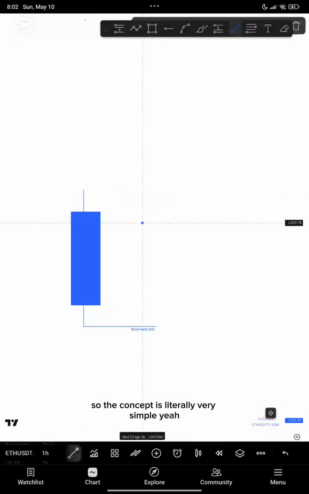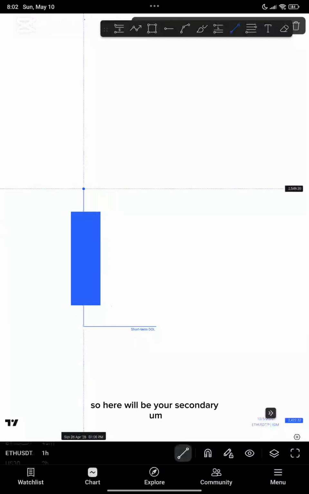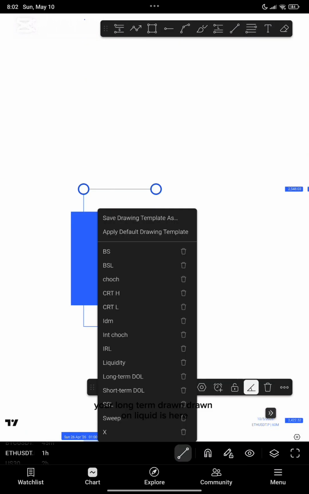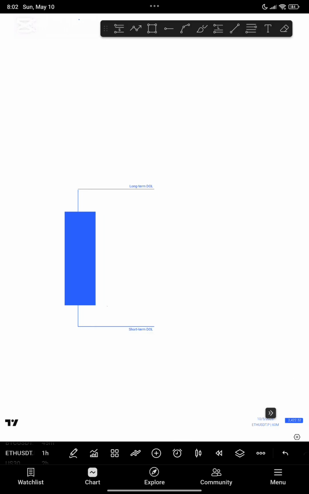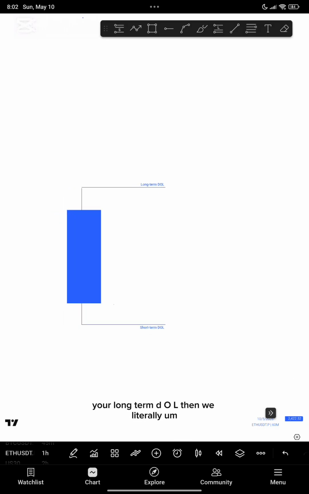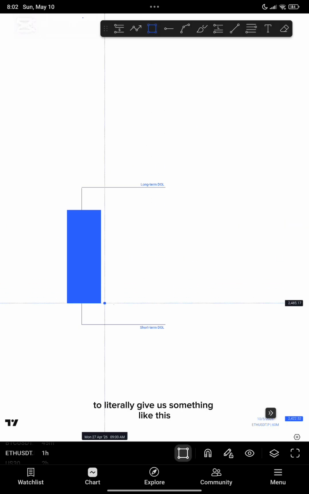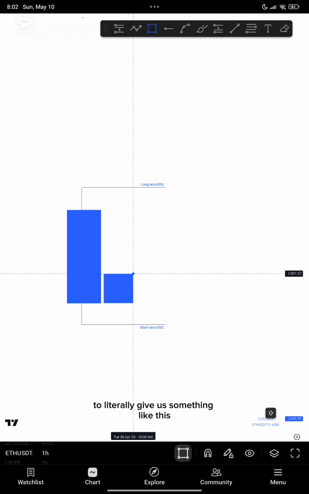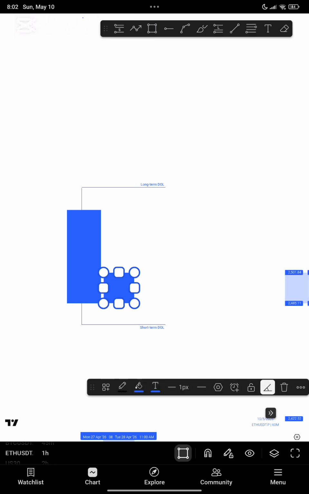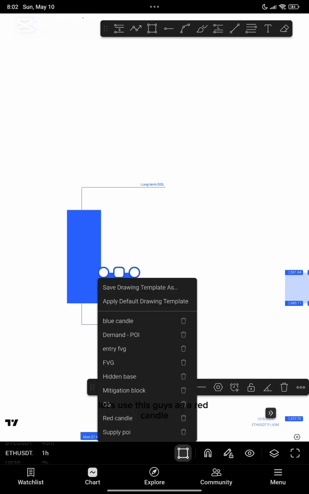So the concept is very simple here. Here will be your secondary, your long-term draw on liquidity, your long-term DOL. Then we expect the next candle to give us something like this. Let's use this as a red candle.